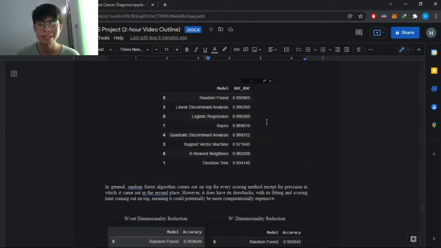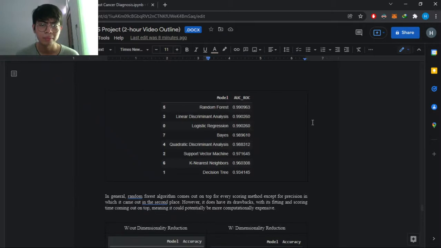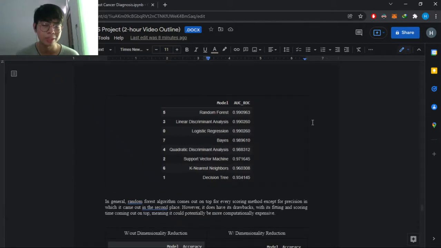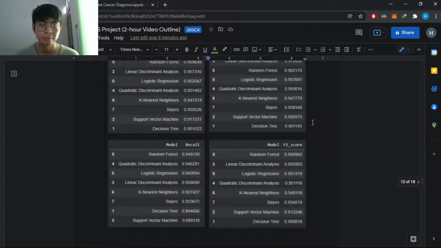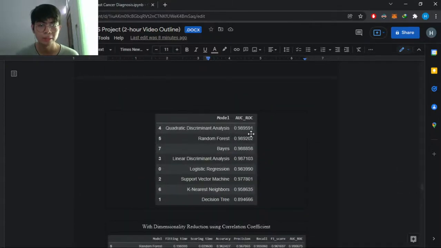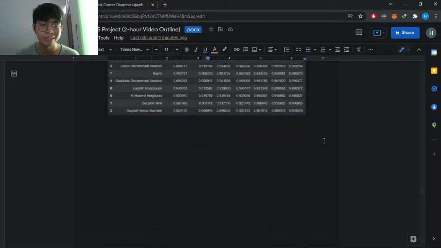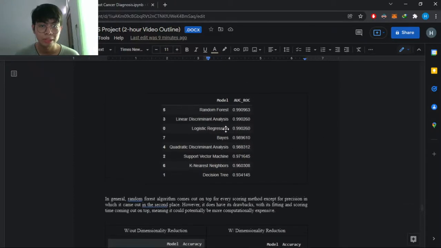But the difference lies in AUROC. If I recall correctly, I think quadratic discriminant analysis came out on top for the one without dimensionality reduction, and then we had random forest and naive Bayes, and for this one we have random forest coming out on top.